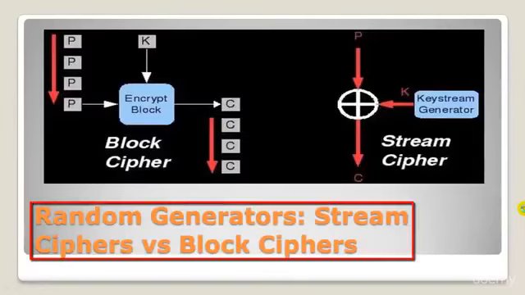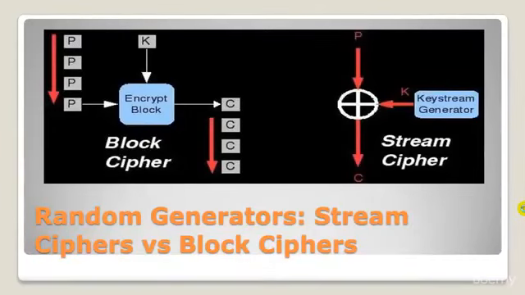After that we have random generators, that's stream ciphers versus block ciphers, and the second basic cryptographic primitive is the random generator, also known as a key stream generator or a stream cipher. This is also a random function, but unlike in the hash function case, it has a short input and a long output.